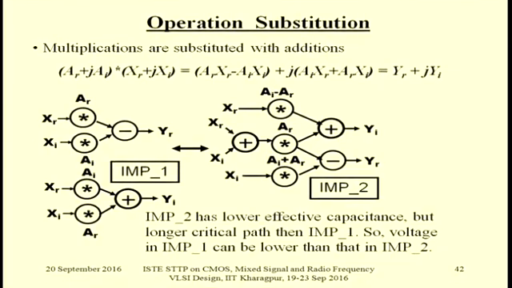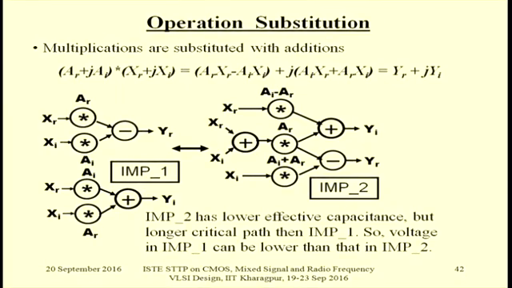Okay, so this is the first implementation and this is another implementation. So what we do, we follow this right side equation. This implementation has lower effective capacitance, but a longer critical path, so the voltage in this first implementation can be lower.